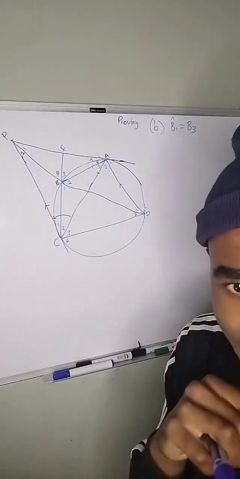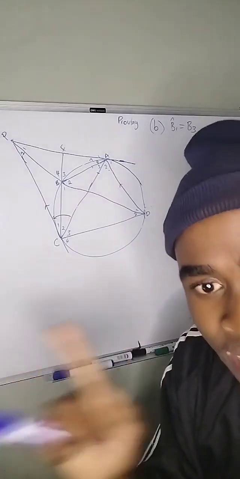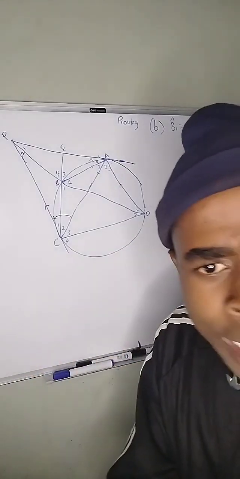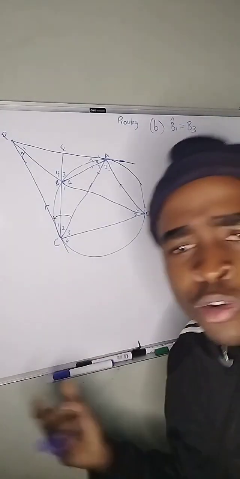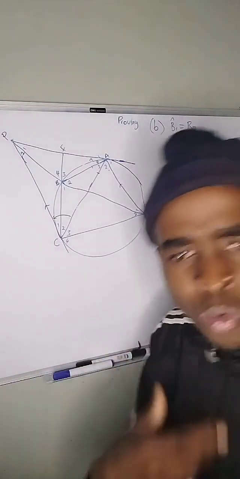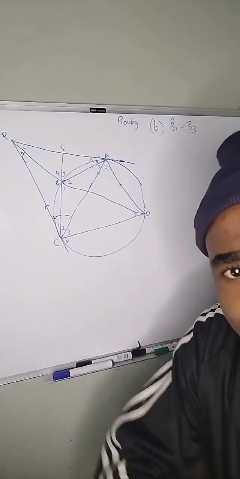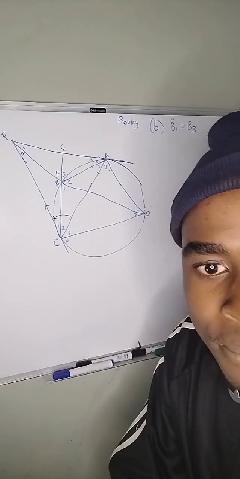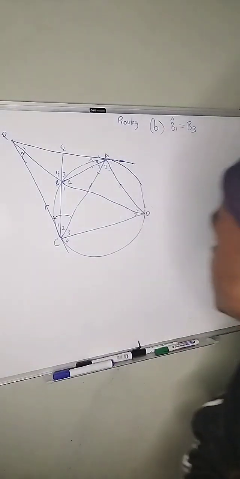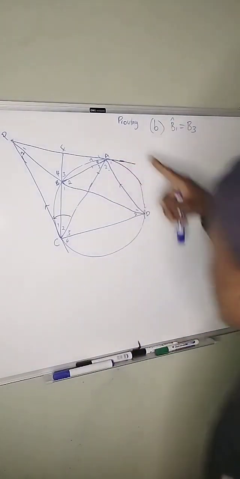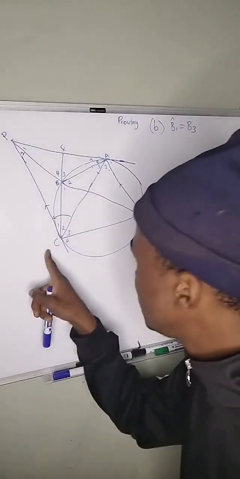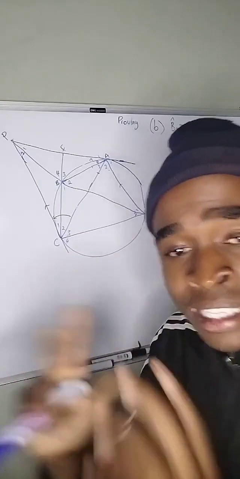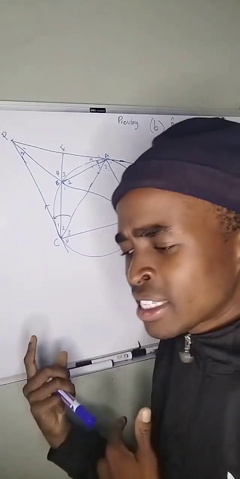If we have a cyclic quad, can you please label for me the cyclic quad? Which cyclic quad are we having? Let's say I don't know, and I'm asking you, which one is the cyclic quad? Can you please label it for me? A, B, C, D. Yes, it's going to be ABCD. Why are we saying ABCD is a cyclic quadrilateral?